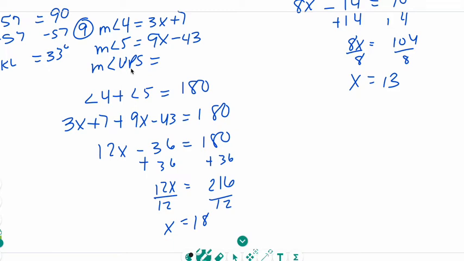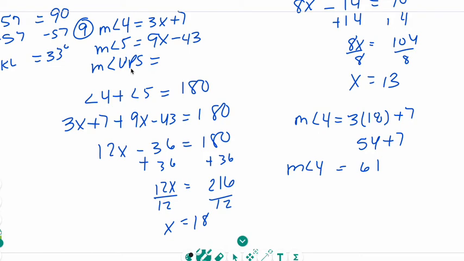So if we're trying to find the measure of angle UPS, now we can find the angle measure of 4 because we know x. So the measure of angle 4 is going to be 3 times 18 plus 7. So that's going to be 54 plus 7, which is going to be 61.